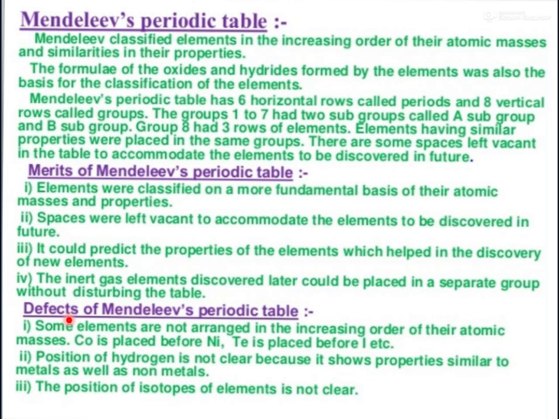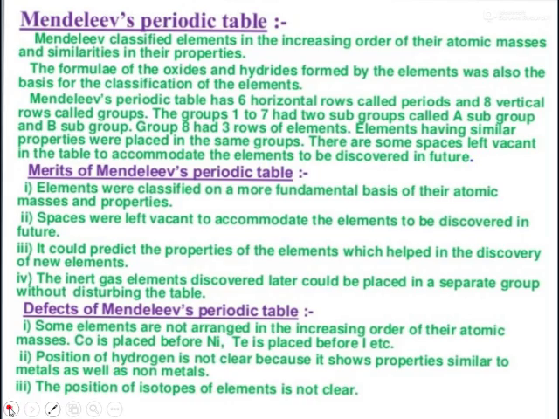But there were some defects also, and due to these defects Mendeleev's periodic table was rejected. Some elements are not arranged in increasing order of their atomic masses, like cobalt is placed before nickel.